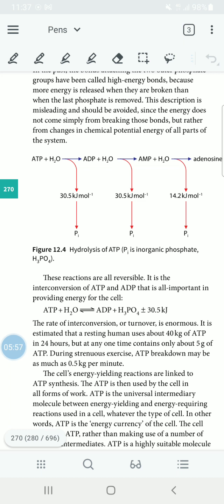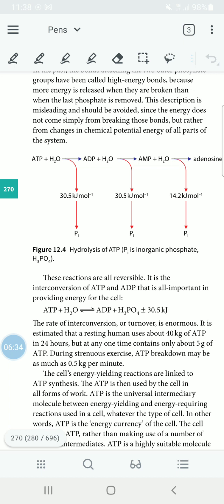This rate of interconversion or turnover is enormous. That is, large amounts of energy are required. So this is happening really fast inside the body. A resting human uses about 40 kilograms of ATP in 24 hours. Right? But because it is reversible, that doesn't mean that you have 40 kilograms of ATP inside your body at any given time.